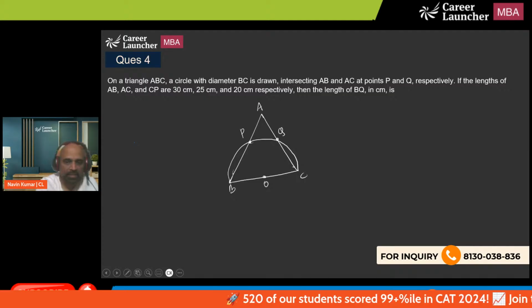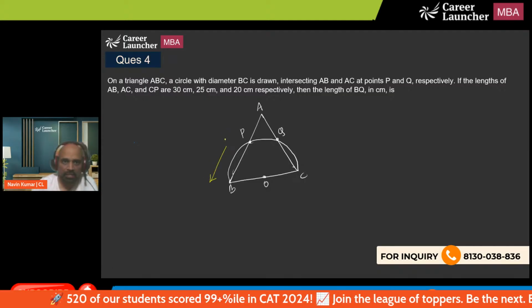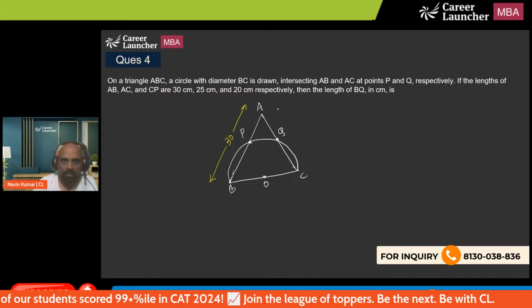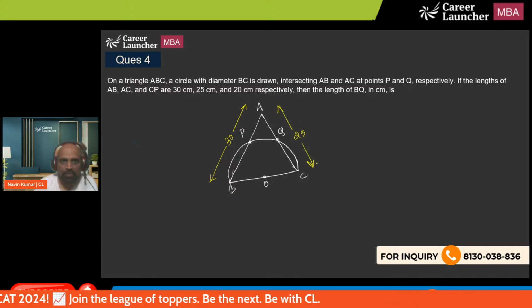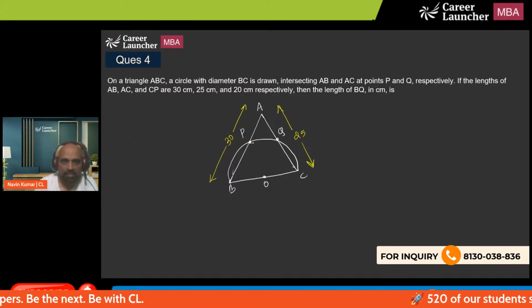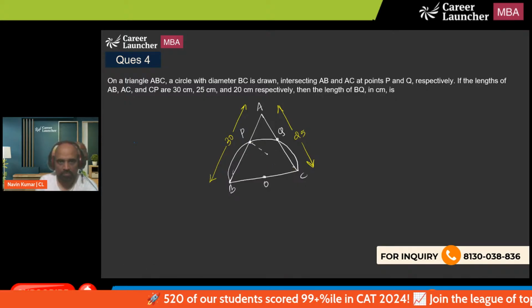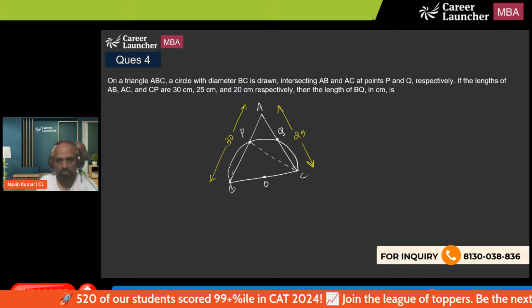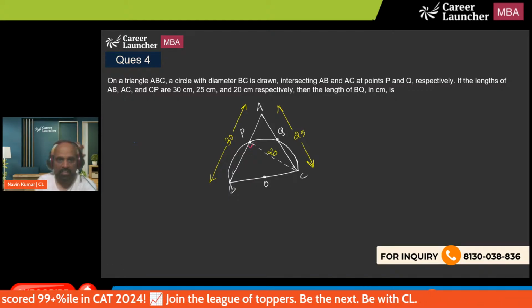And the lengths that are told to us are AB is 30, AC is 25. We are told CP is 20. This is going to be 90 degree, right?